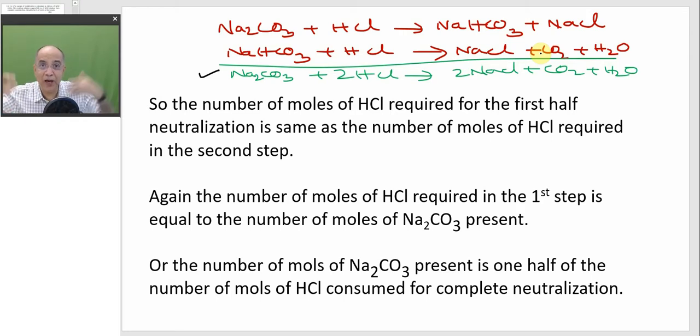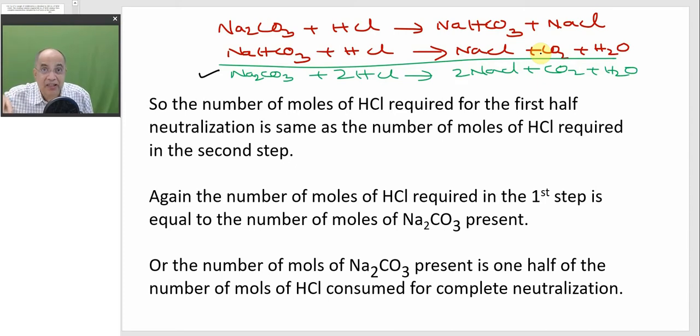So if you have a single titration experiment, same setup, same analyte, no change of analyte, then what you do: when the color changes with phenolphthalein, it indicates that sodium carbonate is converted to sodium bicarbonate. At that stage, you add a drop or 2 drops of another indicator, methyl orange or methyl red.